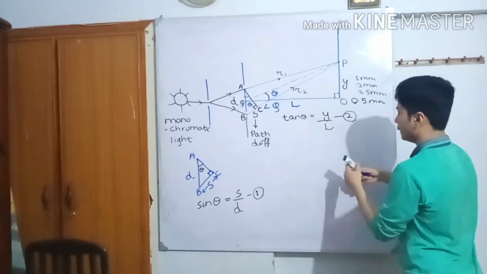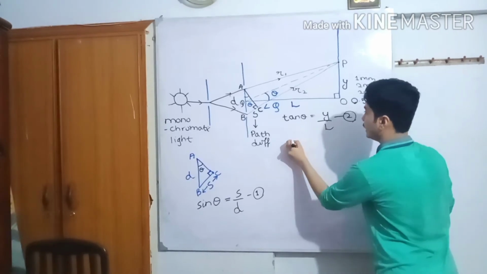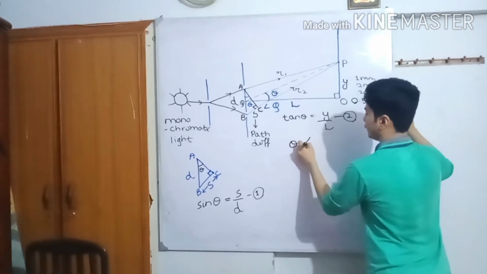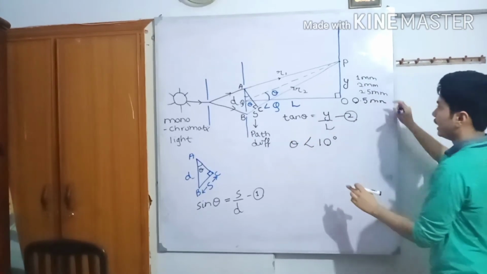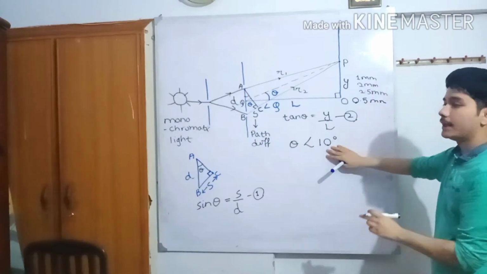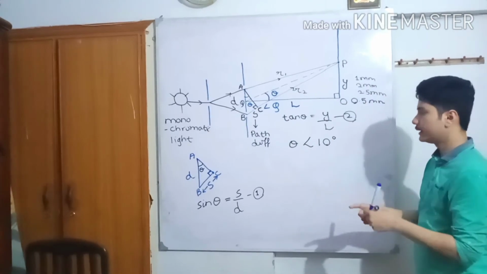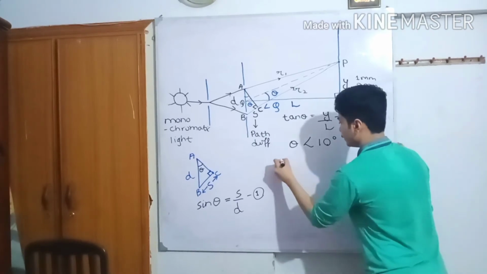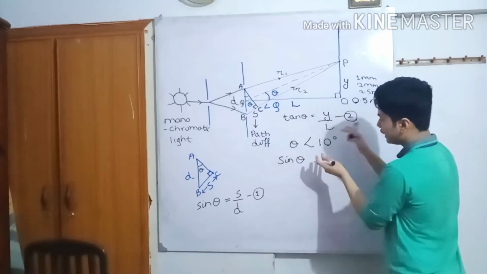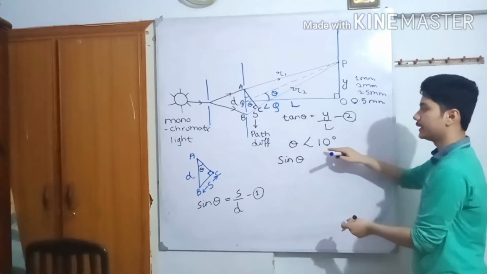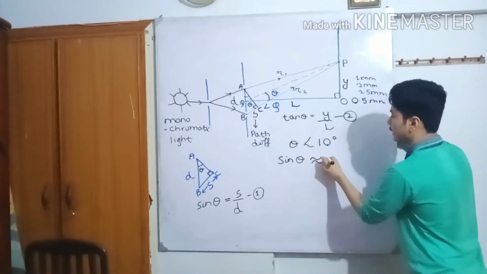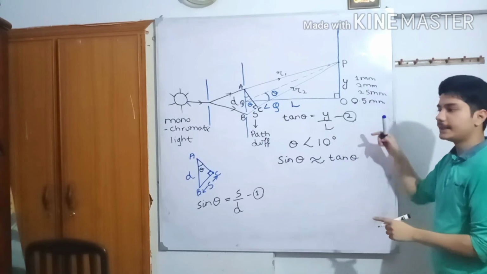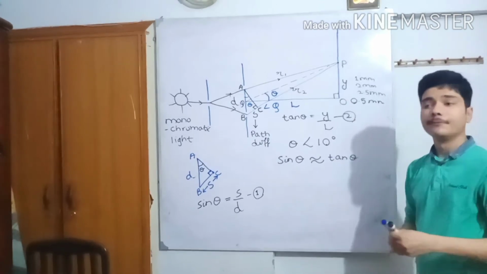And when the angle becomes so small, there is a property we will apply. When theta is less than 10 degrees, which in reality it usually is at these heights, then sine theta from sine 1 degree to sine 9 degrees is approximately equal to tangent theta from tangent 1 degree to tangent 9 degrees. This is a very good concept.